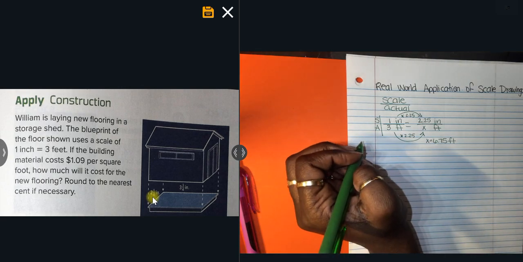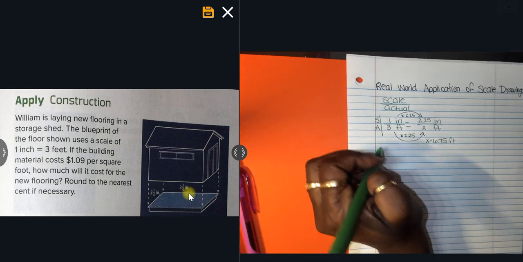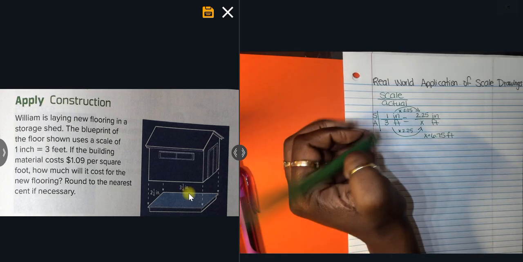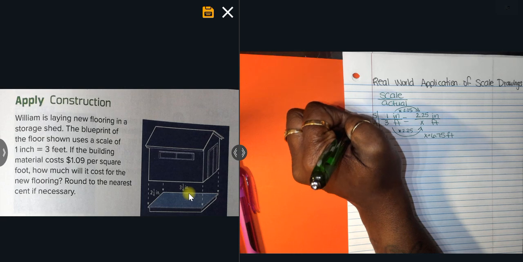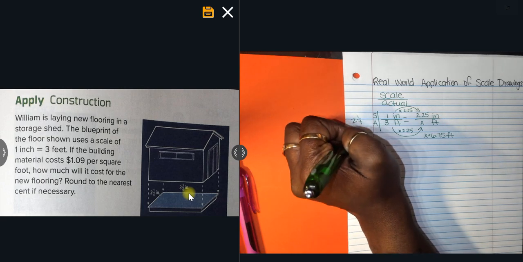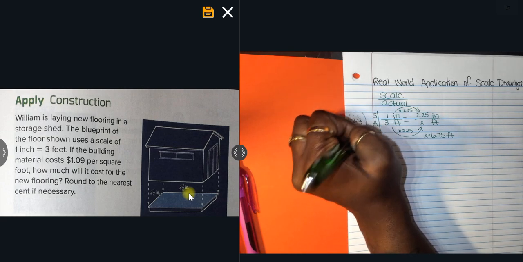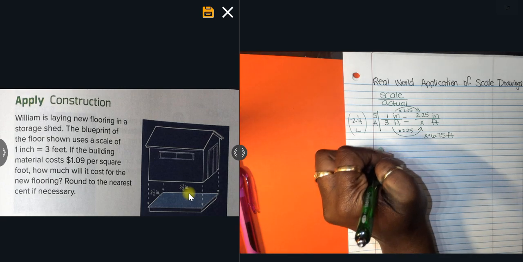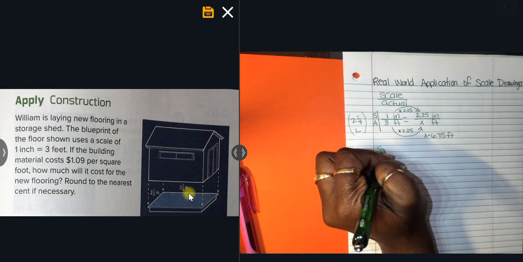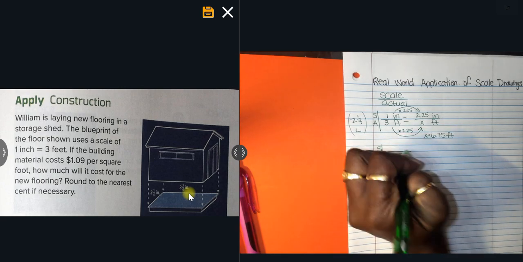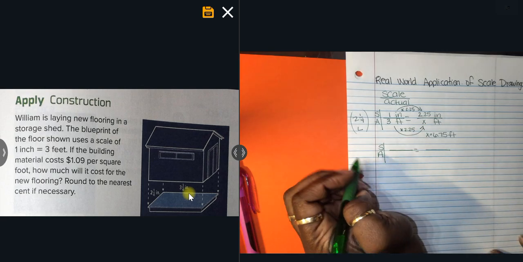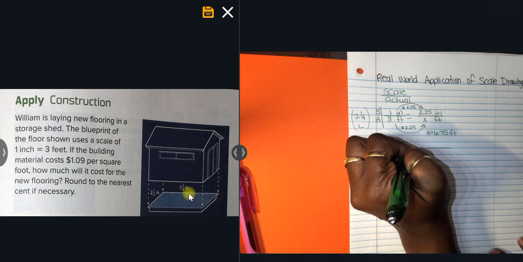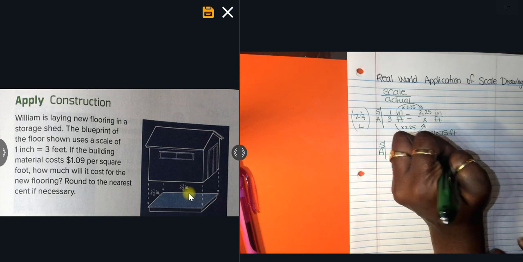Now we need to find out the actual size of the length. So we just set the problem up again. This one was for the 2 1/4 or the length. We do the same thing again: set up the scale to actual and make sure that we have our ratios set up properly. We're still talking about inches to feet.